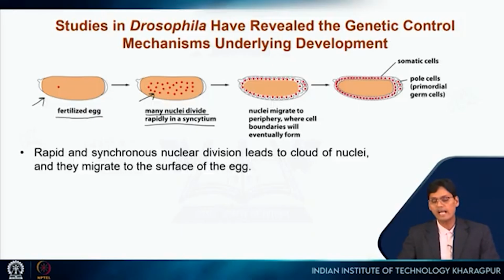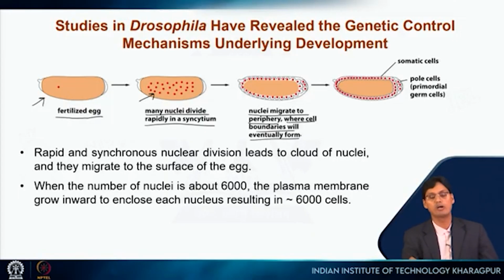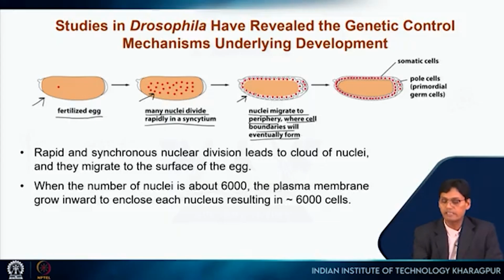And then over time, these nuclei will migrate to the periphery, where the cell boundaries will eventually form. So in this figure, as you can see, cells are present in the boundary. So the cell membranes are getting generated here, not yet fully formed, but starting to be generated now.